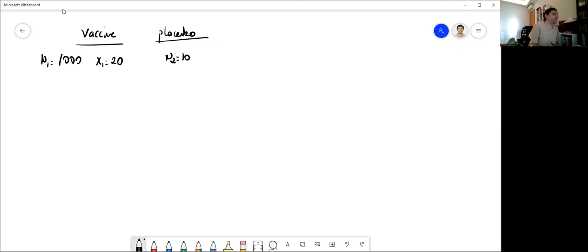And for the placebo case, let's make it simple. We again give this to 1,000 people. Note that it's not going to make any difference whether we change this number or not. And out of these 1,000 people, let's say that 80 people got infected with this disease.